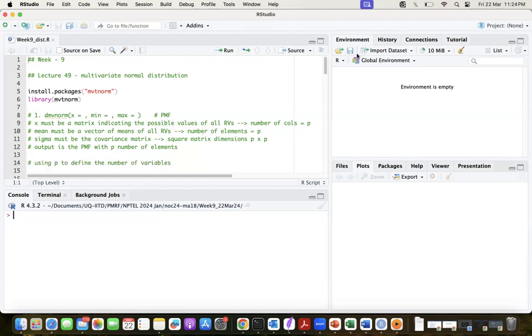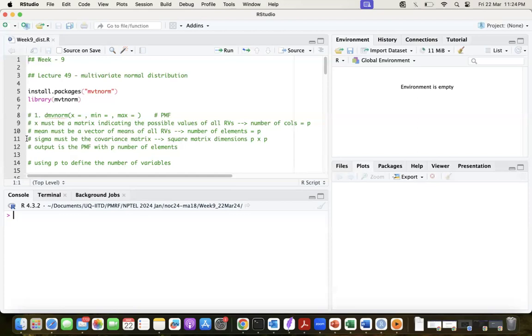So for all the distributions that we've seen this week, if you remember from the previous weeks, there are 4 functions that we have always looked at. One is for the PMF, where you want to look at the nature of the curve itself. The other is for the CDF, or cumulative distribution function, where you're finding out the actual value of the probability.